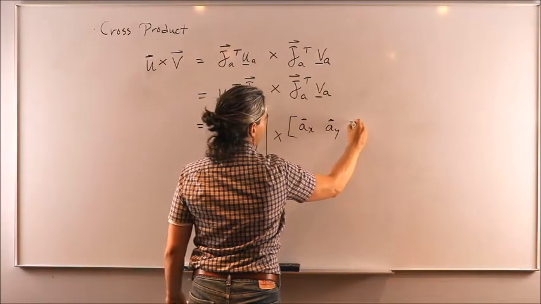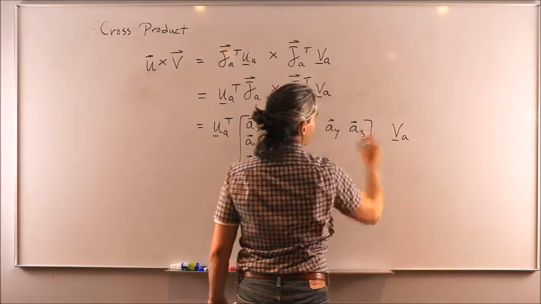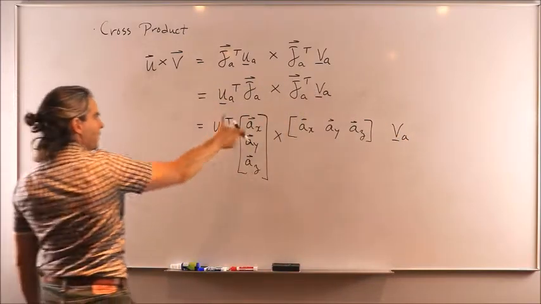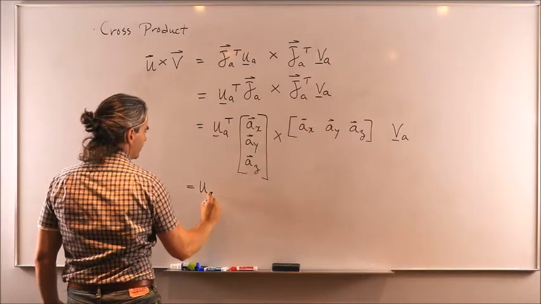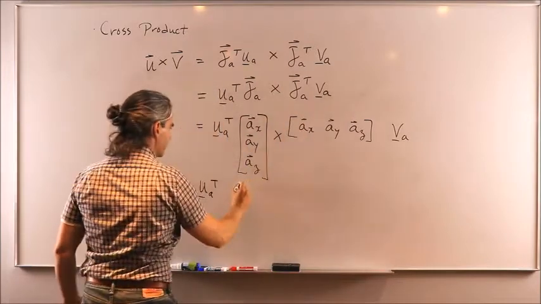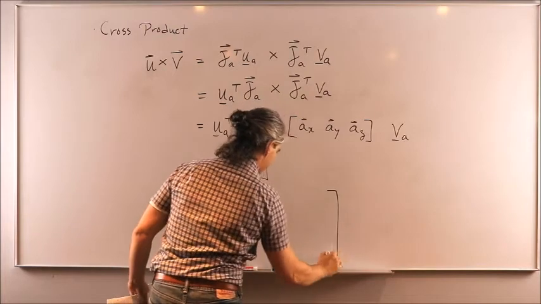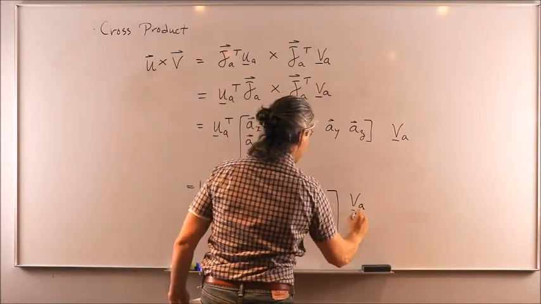And finally, with VA like that. Okay, 3 by 1, 1 by 3. I know I'm going to get a 3 by 3 for this inner operation here. So I'm going to prepare a big 3 by 3 matrix times VA at the end.